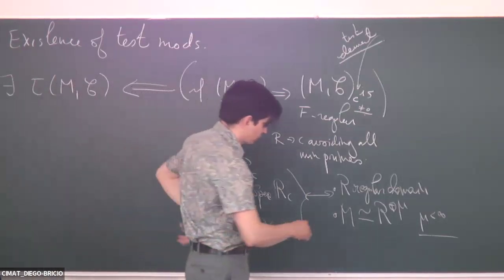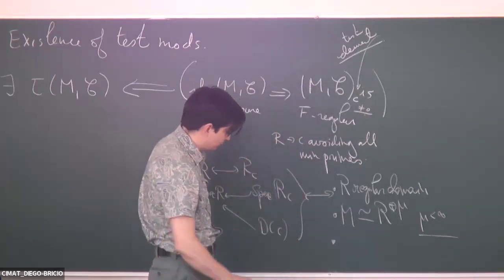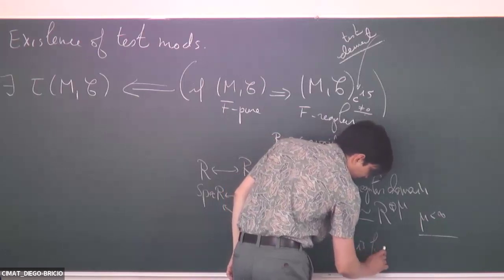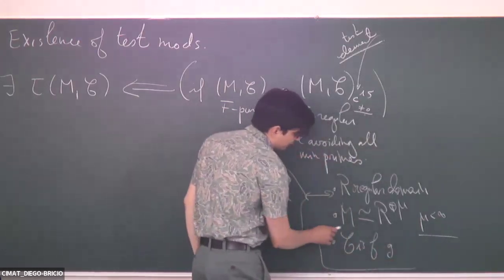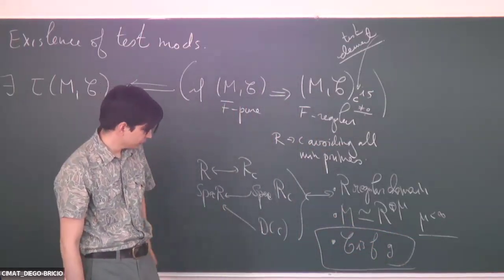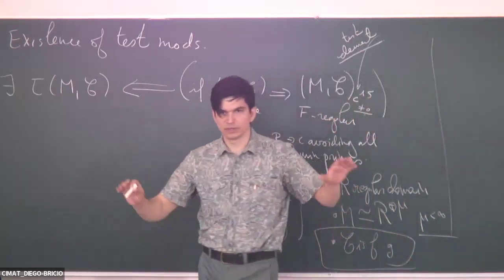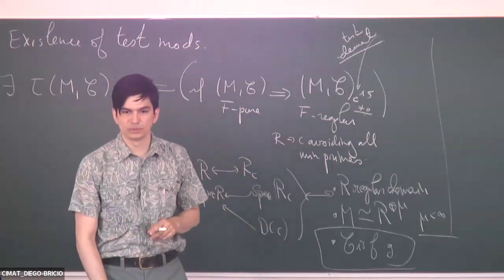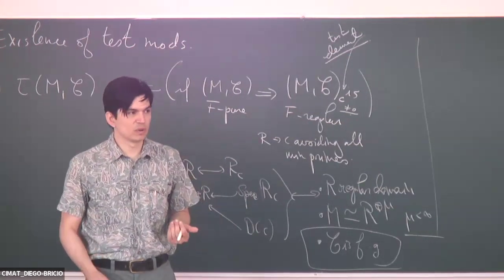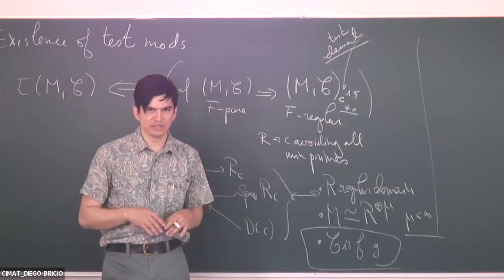So the other day, we also argued that we may assume that C is finitely generated. That was a different type of reduction, right? And I don't know if you remember that I was talking about two different lemmas to do so. And the first one is the only one we need.